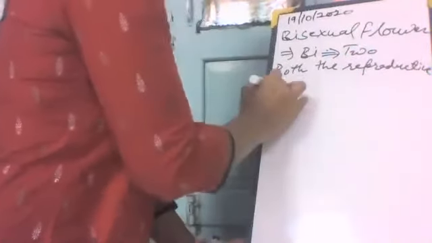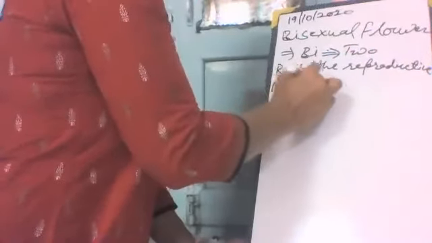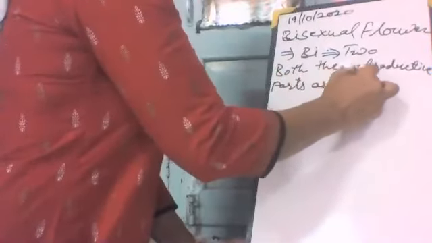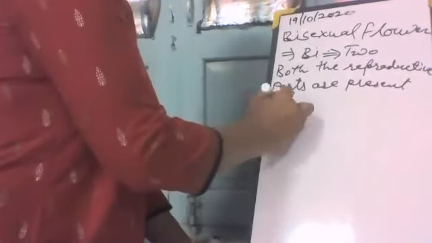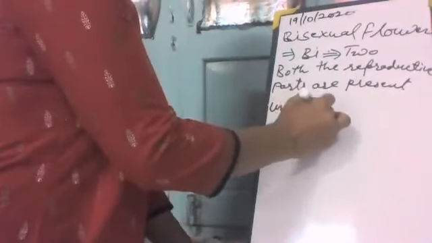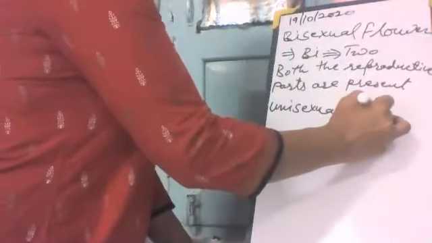Both reproductive parts are present, and this type of flower is known as a bisexual flower, while those bearing only one are unisexual flowers.